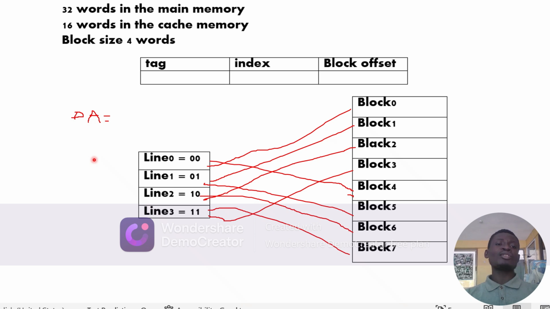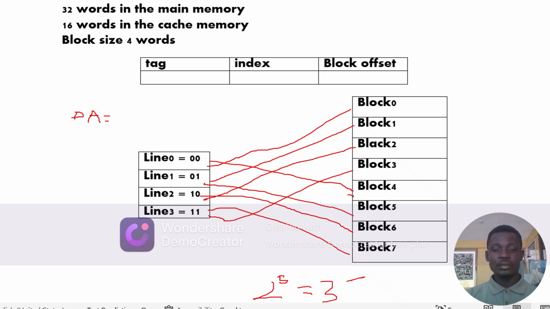So we have 32 words. 2 raised to the power what will give us 32? You find out that 2 raised to the power 5 is equal to 32.